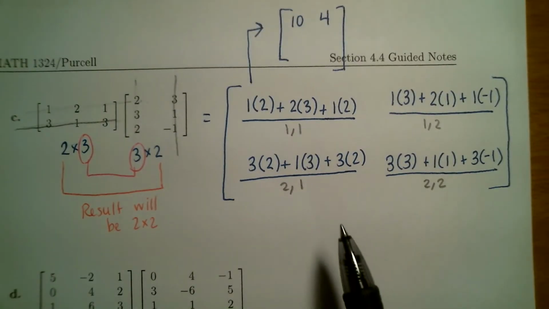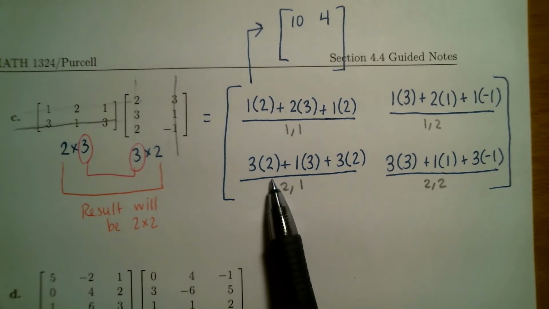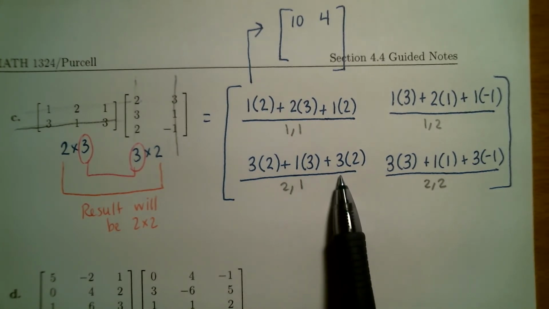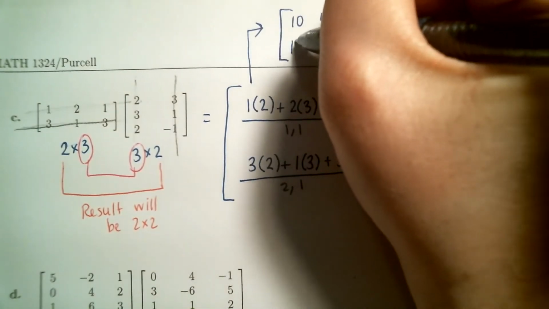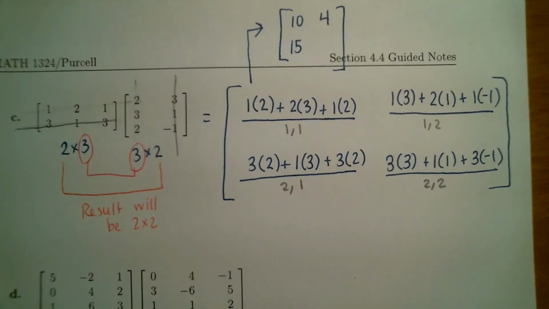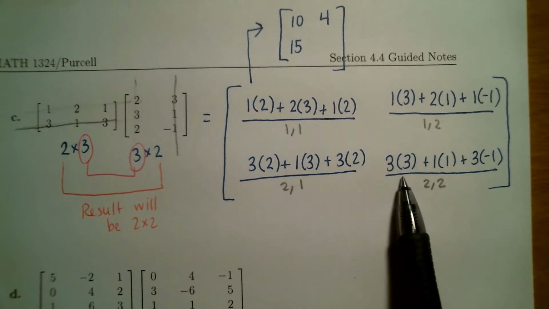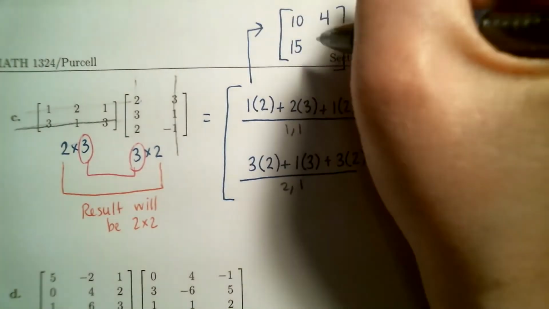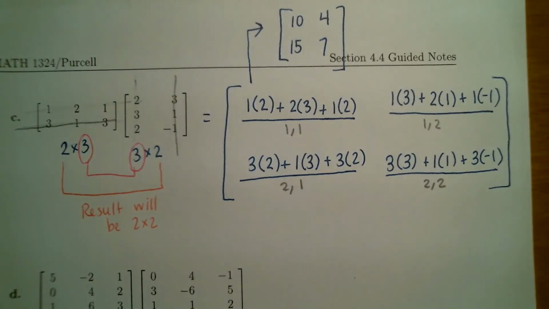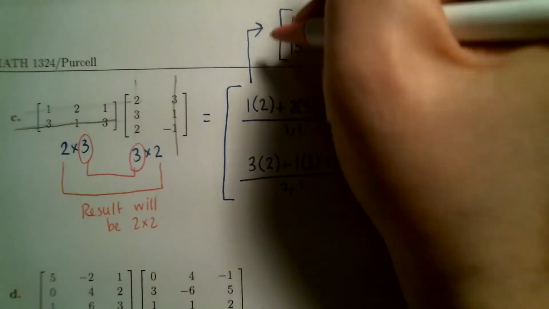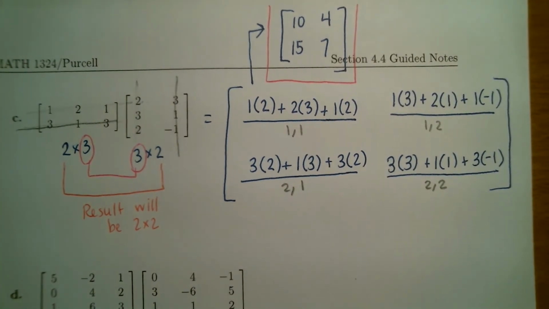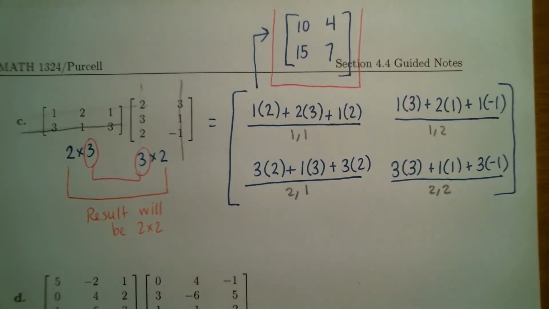And then 3 times 2 is 6 plus 3 is 9 plus 6 is 15. And then last position, 9 plus 1 is 10 plus a negative 3 is positive 7. This is your final answer. If you multiply your two matrices together, you end up with a 2 by 2 matrix, 2 rows, 2 columns, and those are the specific elements.